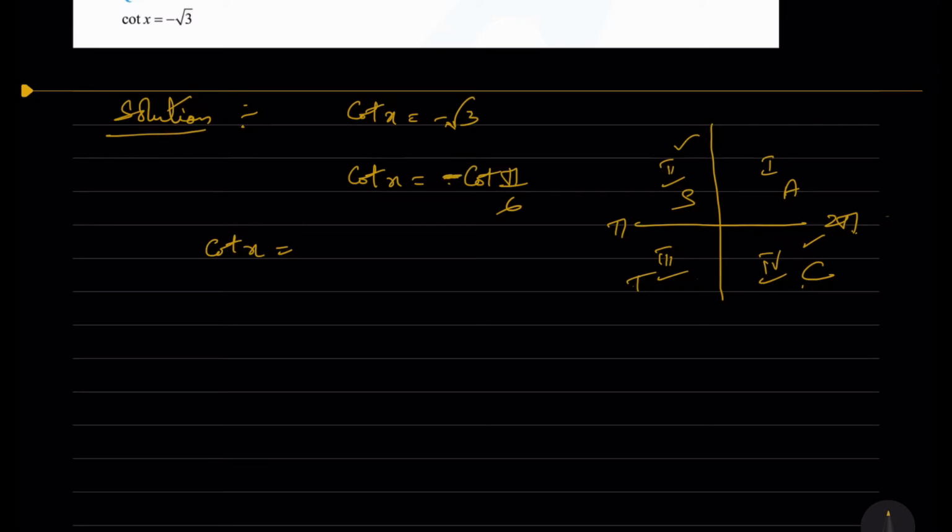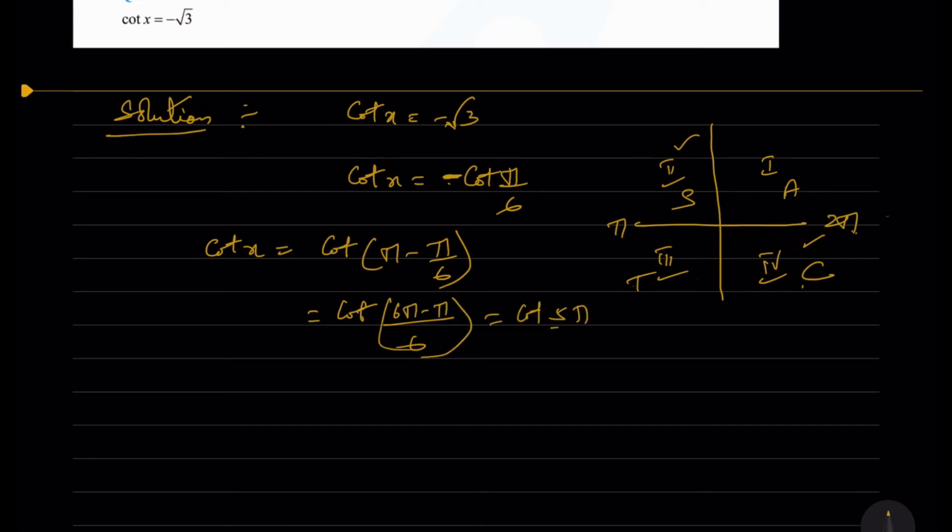So it is cot of pi minus pi by 6, which is equal to cot of 6 pi minus pi by 6, which is equal to cot of 5 pi by 6. So therefore cot x is equal to cot 5 pi by 6. This is one principal solution which you got. X is equal to 5 pi by 6.